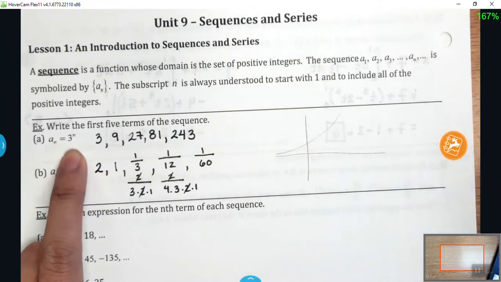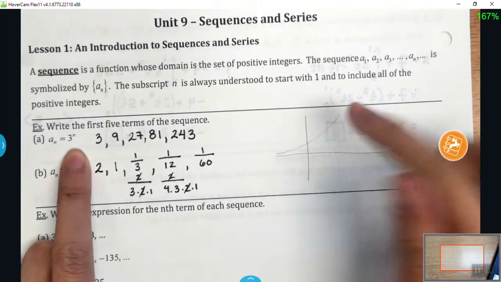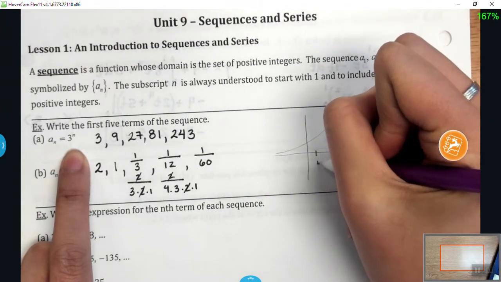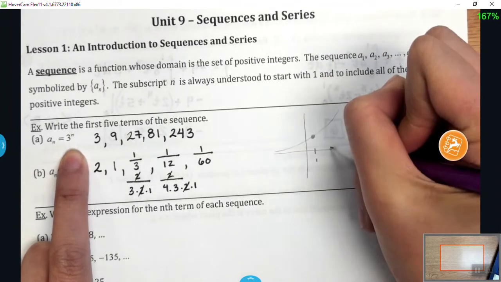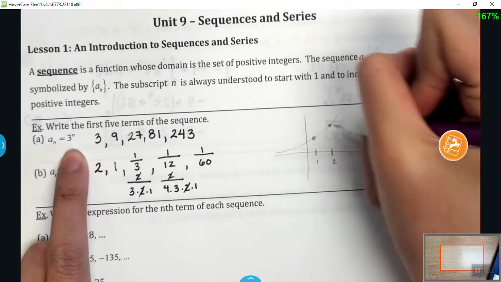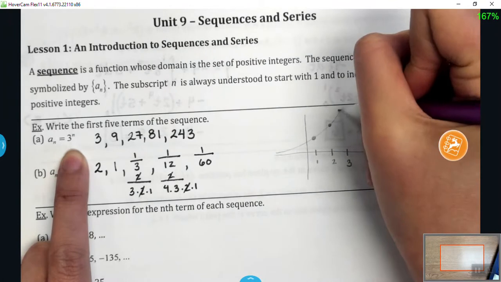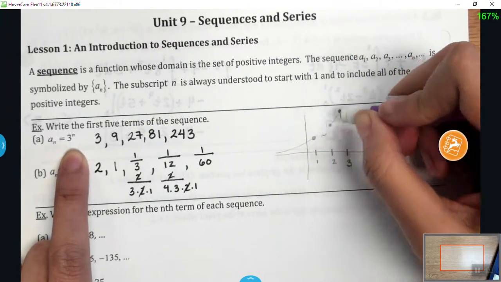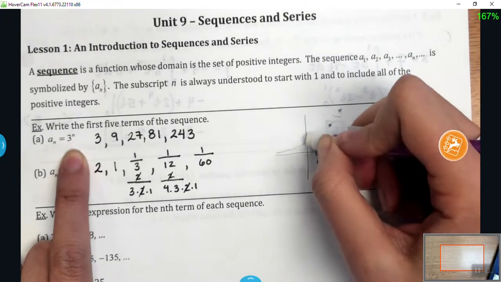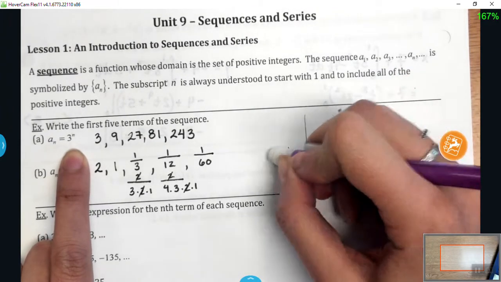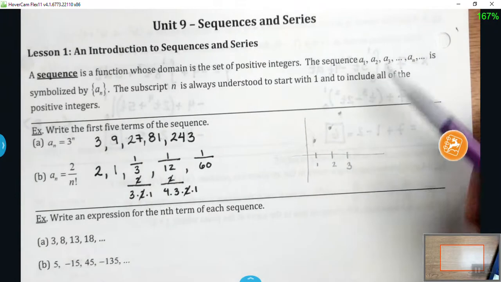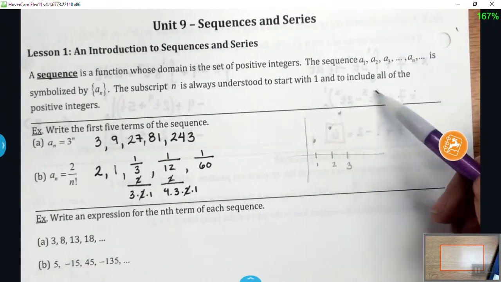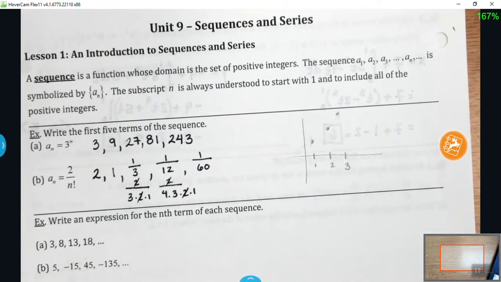But instead of the whole function, it just takes the values at 1, at 2, at 3, and then you don't have any of the values in between. For a sequence, it's just those points and it keeps going, and then you have another one at 4 and at 5.